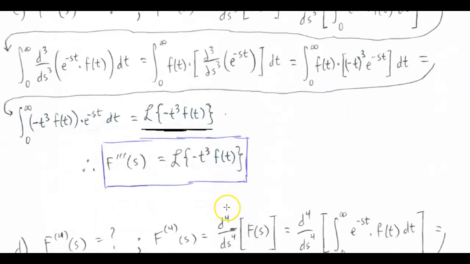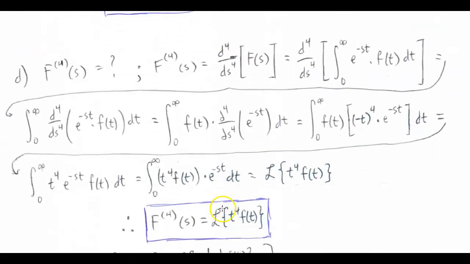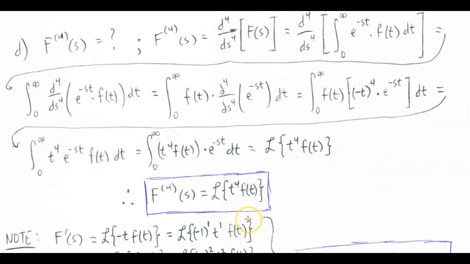And then, of course, if we do the fourth derivative, we kind of see the same thing happen here. Since the order is even for the derivative, we know that we have positive t raised to the whatever that order is times f of t being inside the Laplace transform here.